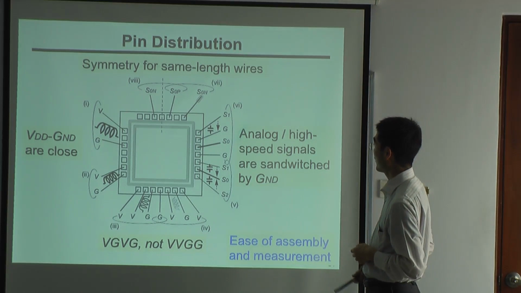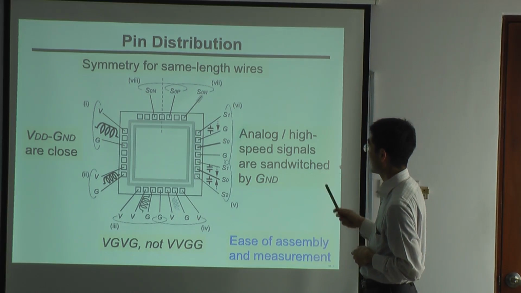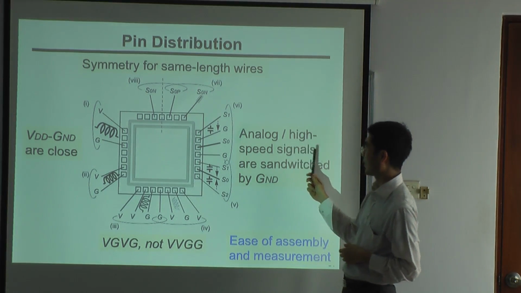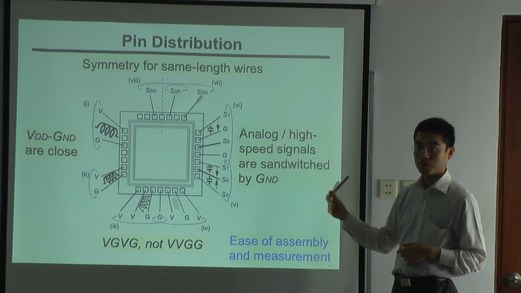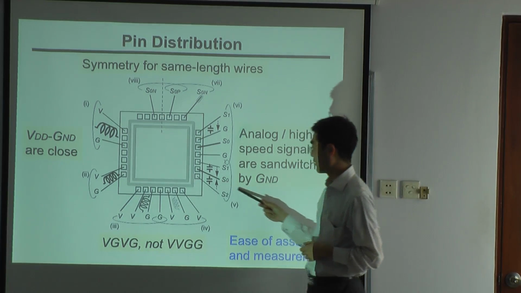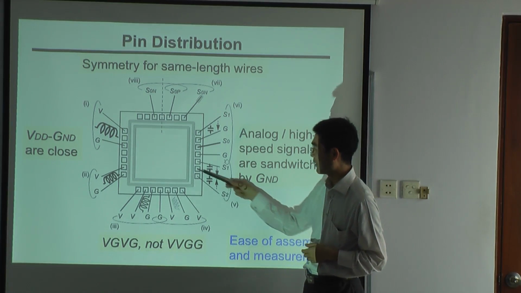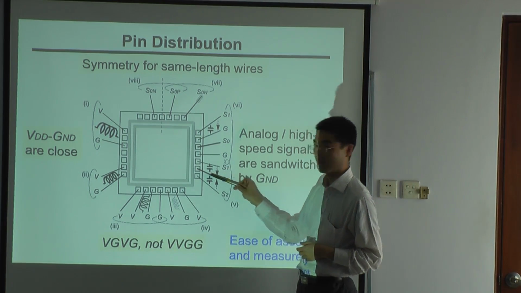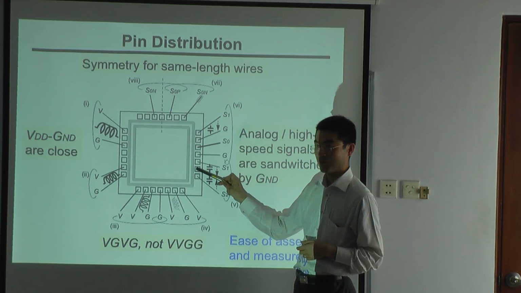And another rule is that important signals or high-speed signals are sandwiched by ground. That means, for example, in this case, let's say S1, S0 are very important analog signals.